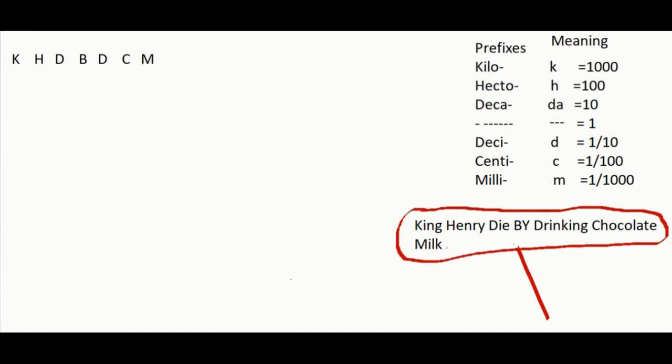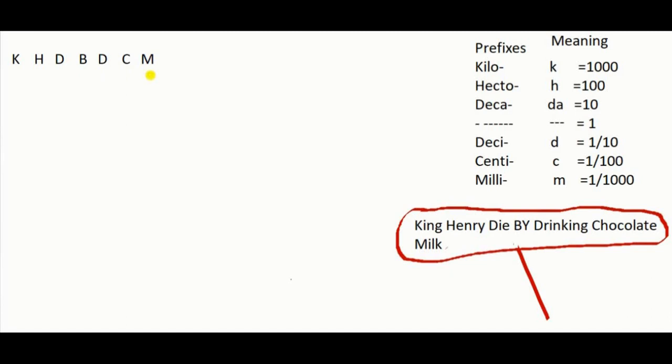We're going to use the abbreviation King Henry died by drinking chocolate milk. So here is the abbreviation. The K up here stands for King, the H, Henry, D, died, B, by, D, drinking, C, chocolate, M, milk.